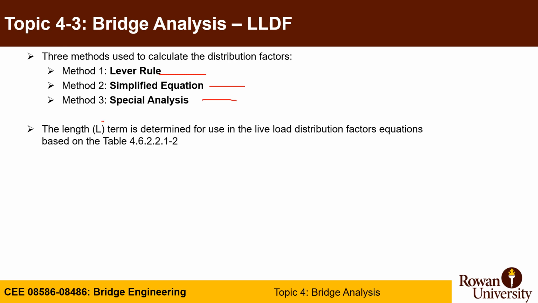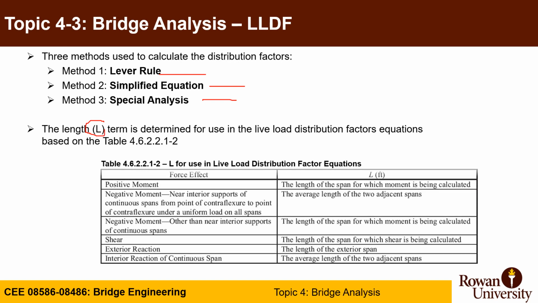The length L is the span length, and there is also a table that tells you what L actually is. In positive moment, it is the length of the span for which moment is being calculated. For negative moments, it is the average length of the two adjacent spans.